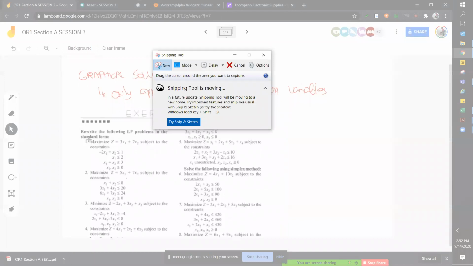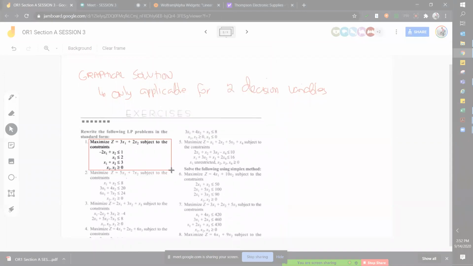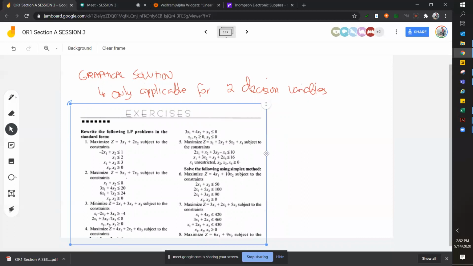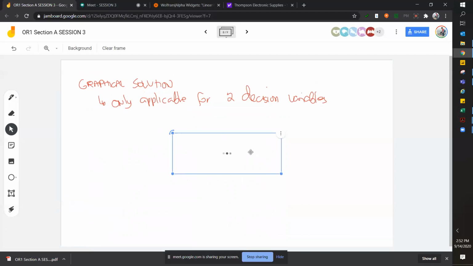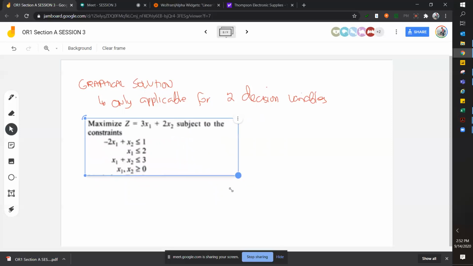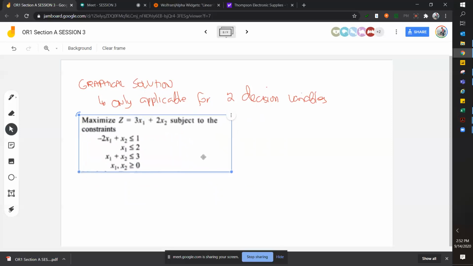Yun yung mga simpleng problems lang. Unahin natin to.